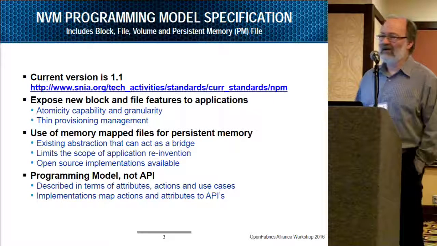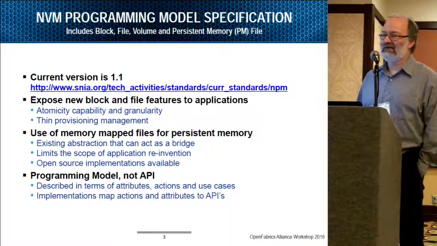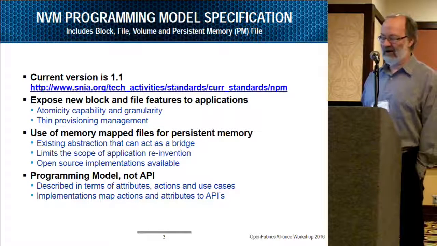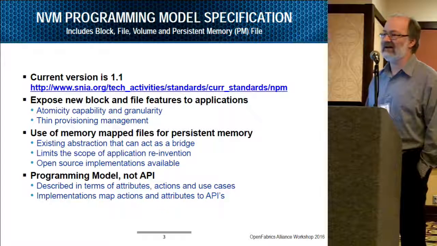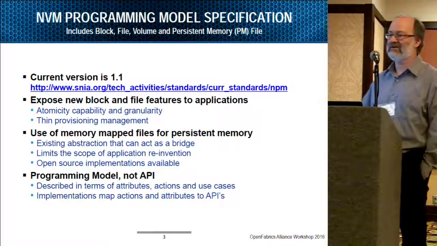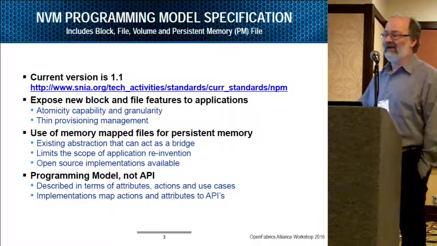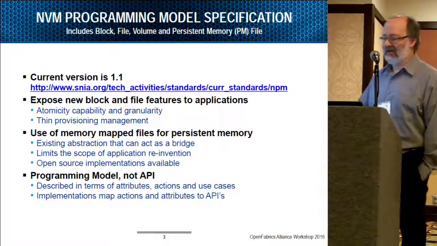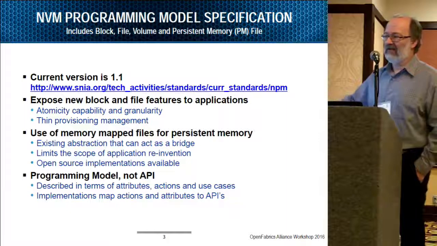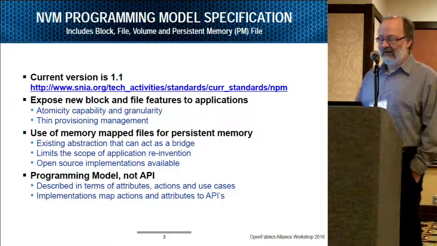The programming model commits to the memory map file paradigm, suggesting that it may be a reasonable bridge between existing applications and direct access to persistent memory by a method that's familiar, and it works better than it does today when you have persistent memory.